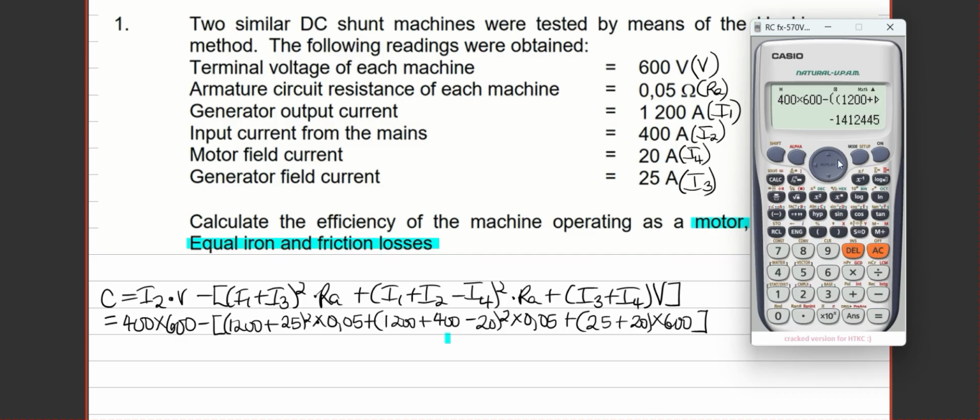Yeah. So only because I know the answer, I'm going to retype and check if I didn't do any mistake. Let's check. We have 400 times 600, 1200. We forgot to multiply 0,05 to this section here.